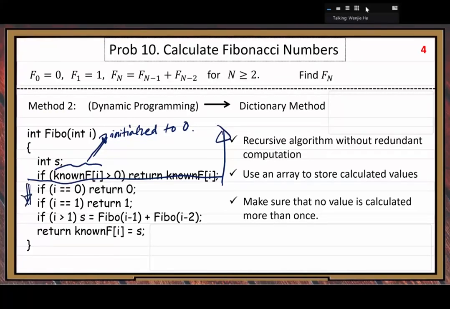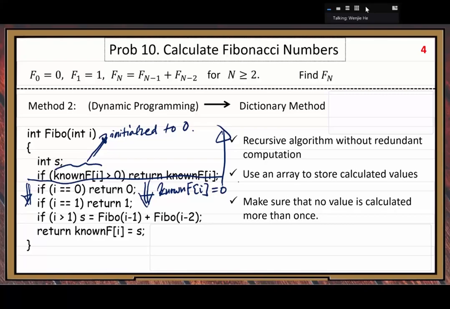So when you get to these lines, it means that known f of I must be 0. Then you can get down, right? Otherwise, you bounce back. If it's greater than 0, then after this line, bounce back. But if you can pass this line, known f of I must be 0.